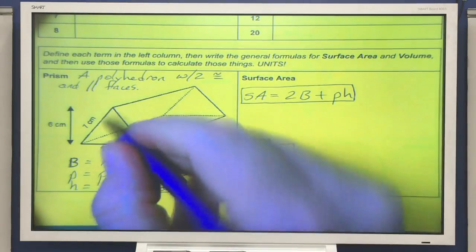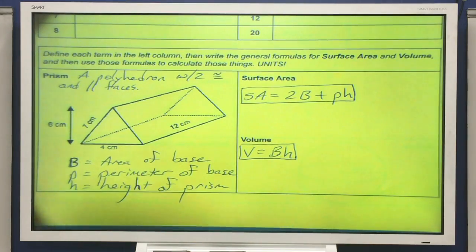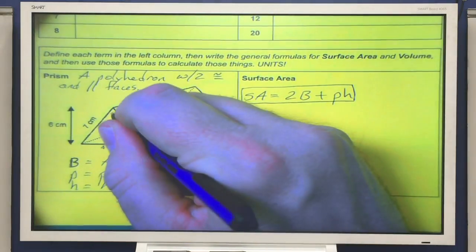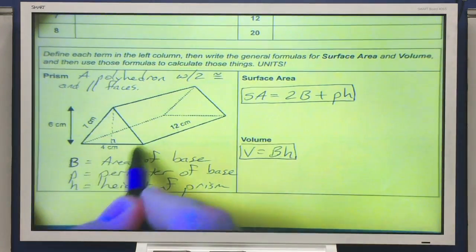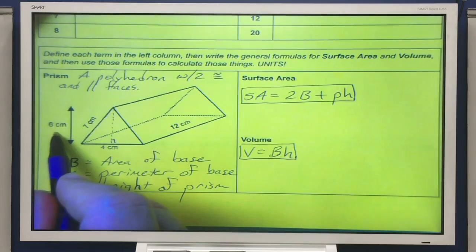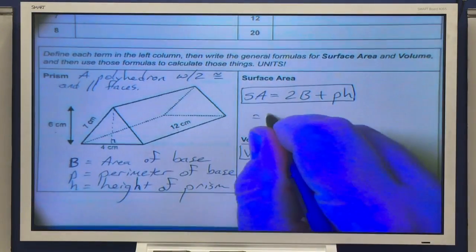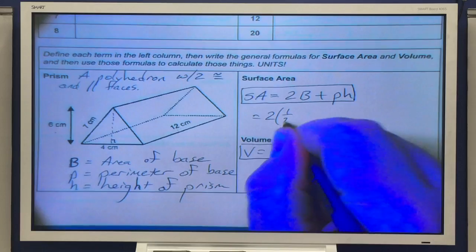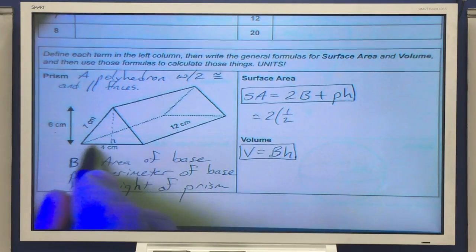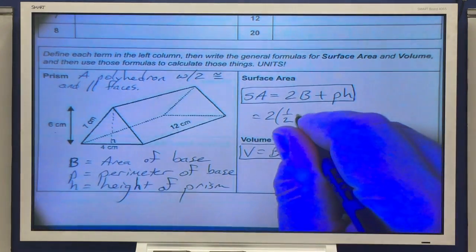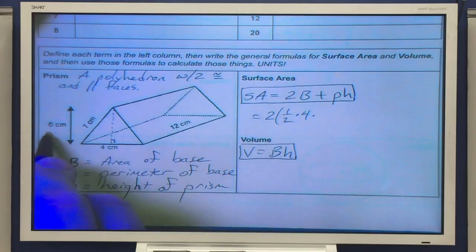By the way, it's really nice of them to give us a height like this. So that means the height of the triangular base is 6. And the reason why it's nice is because one of our formulas for getting the area of a triangle is 1/2 base times height. Base meaning the base of the triangle, so times 4, times 6 is your height.